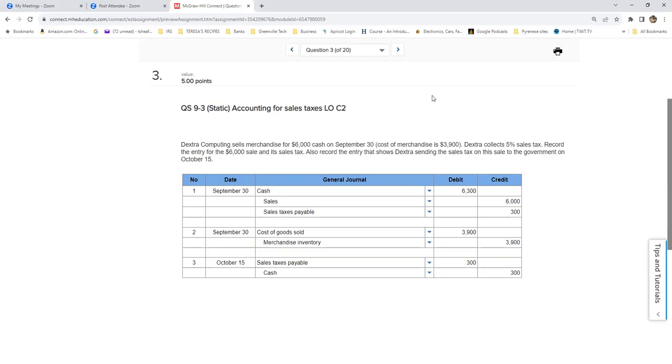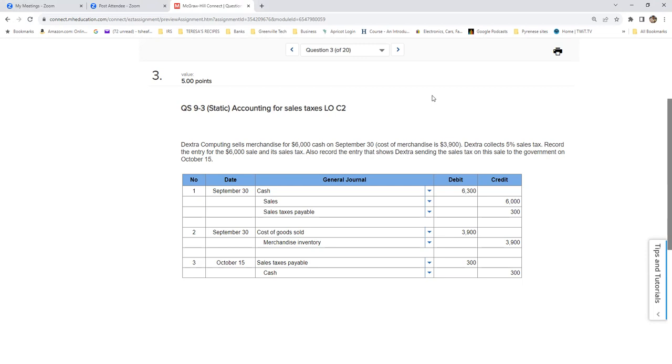So you have the $6,000 sale and the $300 in sales tax. We know our debit is $6,300 in cash. Our credit is going to be $6,000 in sales and $300 in sales tax payable.